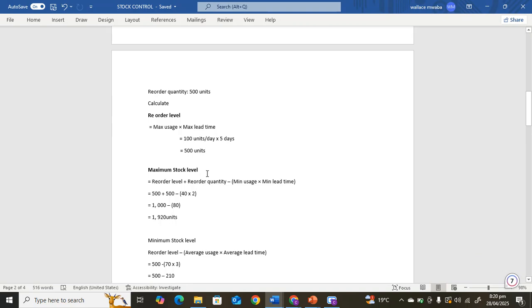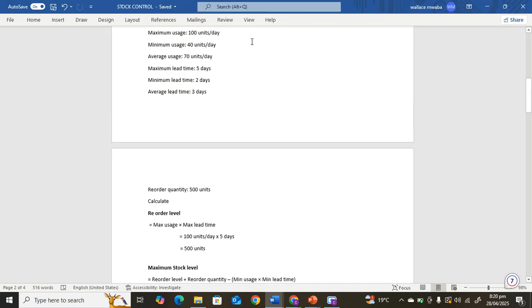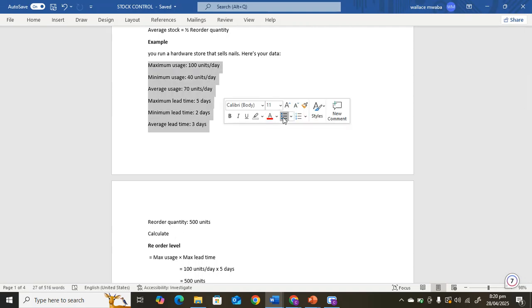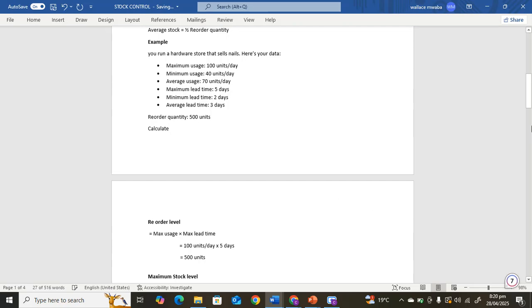Maximum stock level, the maximum amount of nails we must have in our shop. Reorder level plus reorder quantity minus the minimum usage times the minimum lead time. Our reorder level is 500 nails. Reorder quantity when we're ordering nails, 500 nails. Minimum usage and minimum lead time. Everything I'm putting in the formula has been given to us here.